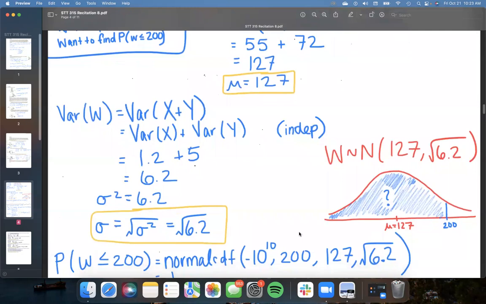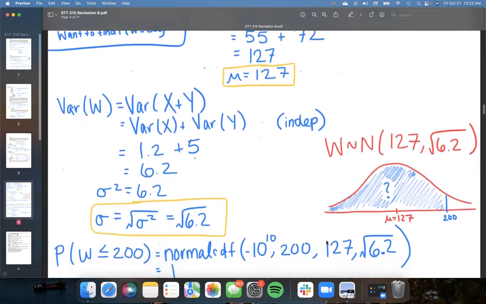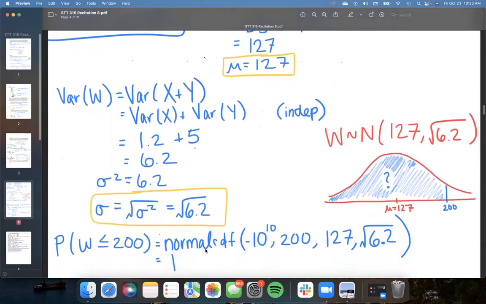So when we plug that into our calculator, we'll do normal CDF because we're interested in the area under the curve. We'll have from negative infinity, so I'll do negative 10 to the 10, and then our upper bound is 200. Our mean is 127, and our standard deviation is the square root of 6.2. When you put that in your calculator, mine rounded it up to 1.